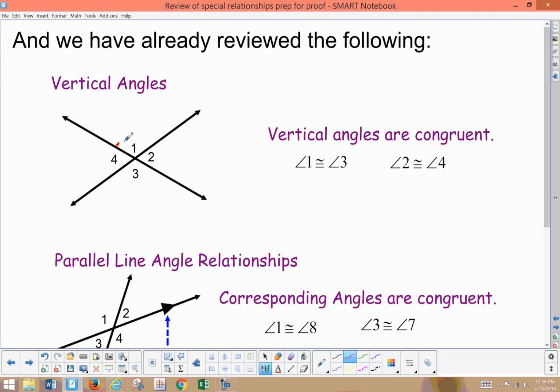The vertical angles are always the angles that are opposite of each other when this occurs. So the angle 1 would be congruent to the angle 3, and the angle 2 would be congruent to the angle 4. So you need to make certain you remember the rule about vertical angles as well before we get into the rest of this unit.